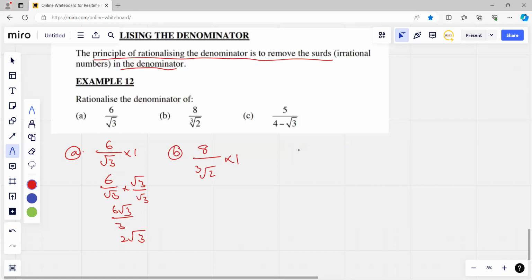Then from that instance, we have to multiply by the denominator again. Then if we multiply again, cube root of 2 multiplied by cube root of 2 multiplied by cube root of 2, we get 2. Then that means we have rationalized the denominator. So from here, we're going to say 8 divided by cube root of 2 multiplied by cube root of 2.